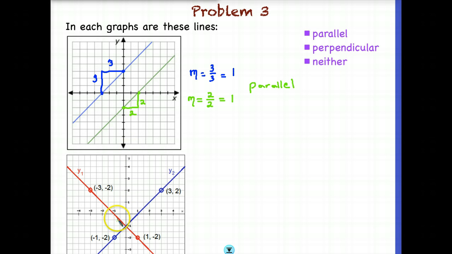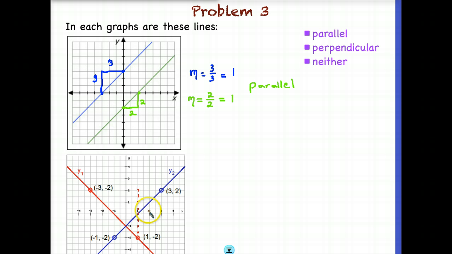Let's do the same thing for the graph below. Now I could take these points and I could calculate the slope by doing y2 minus y1 over x2 minus x1. I could definitely do that. Or I can just count like I did before and then determine if my slopes are opposite reciprocals of each other. So I'll go ahead and choose the points that are circled because that would be really easy. If I do that, I'm going to go up 1, 2, 3, 4, 5, 6, 7, 8.